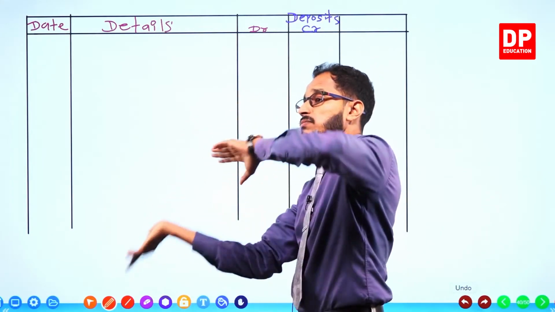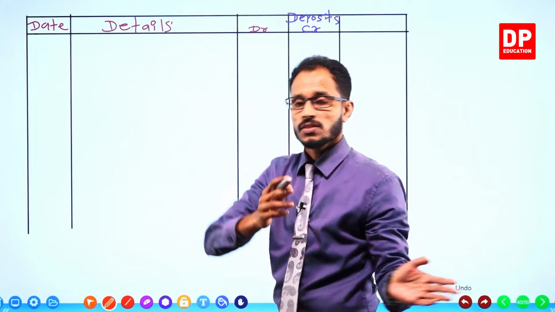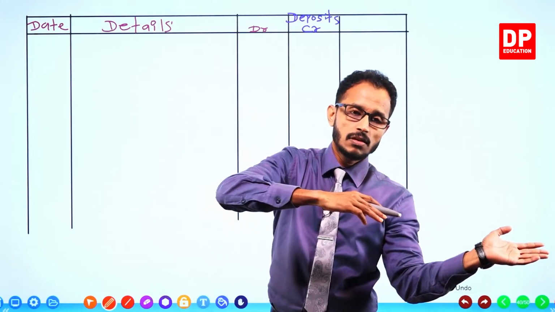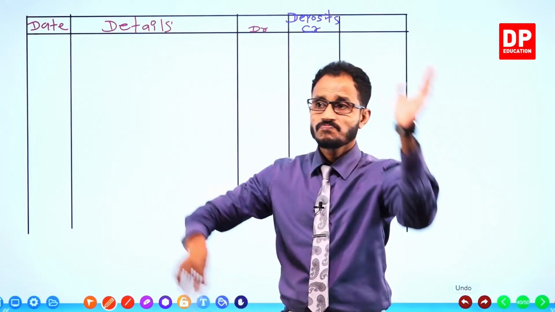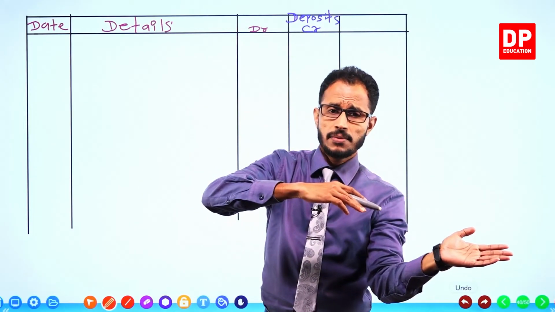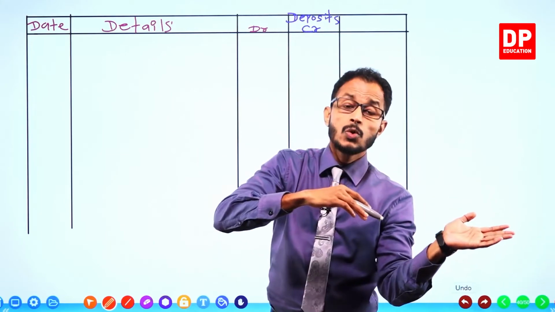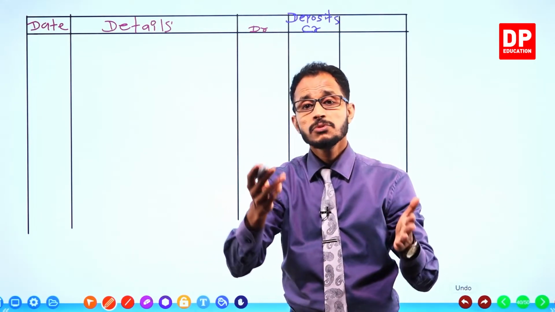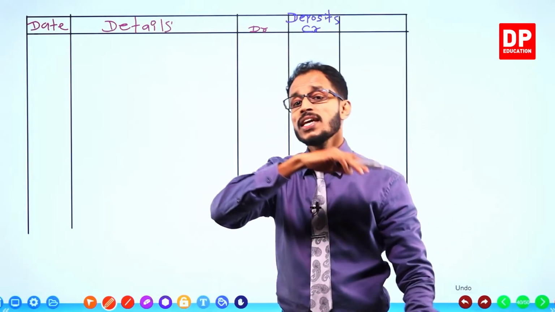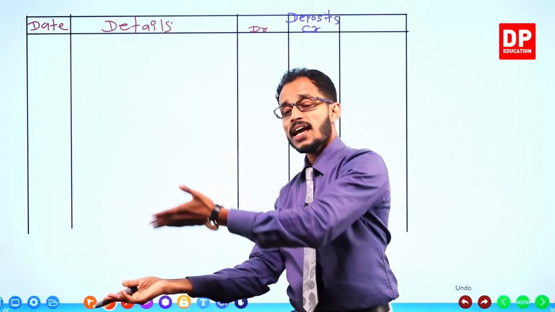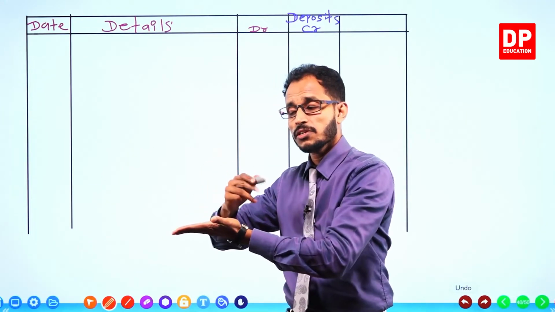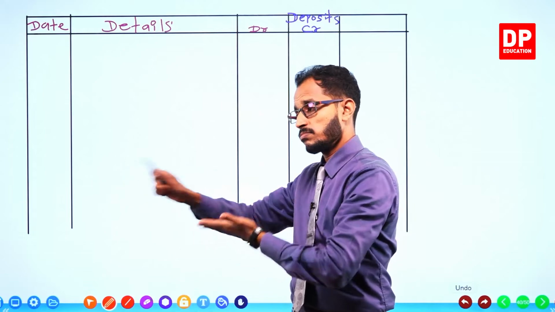From the business point of view, this happens in the opposite way. In the business point of view, we debit cash deposits and cheque deposits, and we credit cash withdrawals or cash outflows.